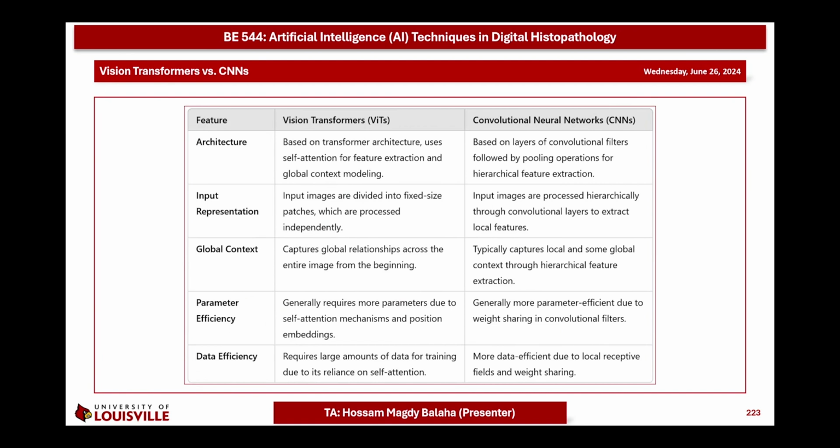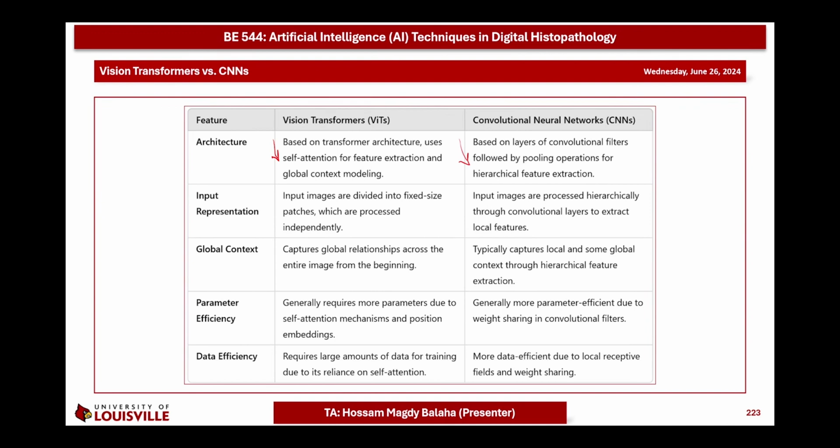After understanding the vision transformer, now we can compare vision transformers and CNNs. The vision transformers utilize self-attention for feature extraction and global context modeling, while the CNNs apply conv and pooling layers.